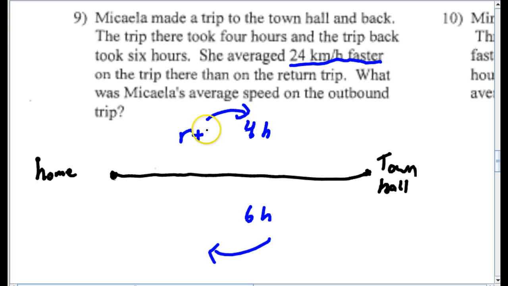So we know this rate is 24 kilometers per hour faster than on the way back. For example, on the way back we went 40, which means on the way there we went 40 plus 24, which is 64. I'm just making those numbers up, but the idea is that this is 24 more than this.